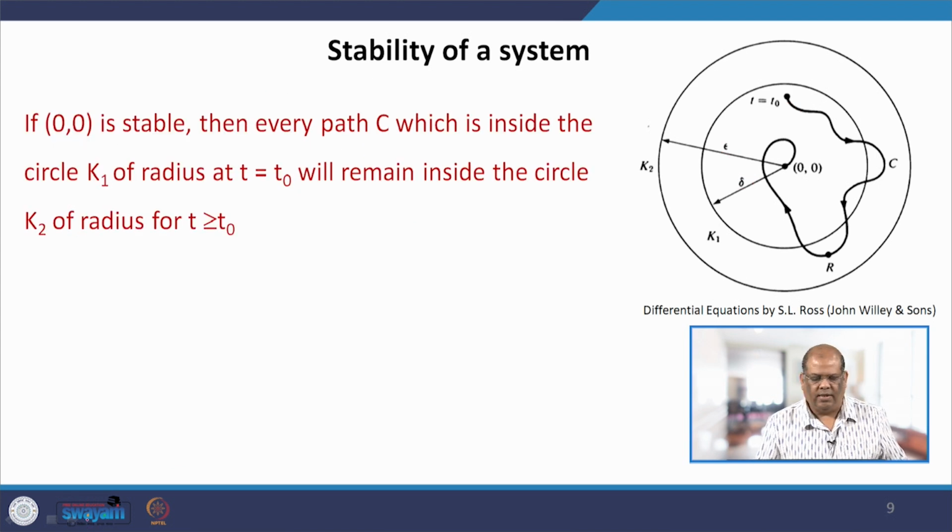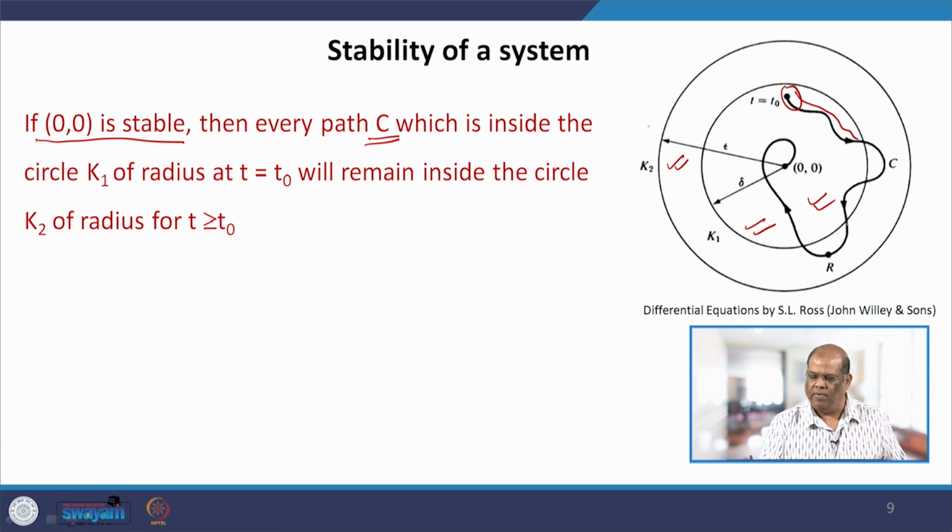So, it says that if (0, 0) is stable, then every path C which lies inside the circle K1. So, this is your circle K1, you have started for t0. So, every path C which lies inside this circle K1 of some radius, which is delta here, at time t equal to t0 will remain inside the circle of radius K2 if it is stable.